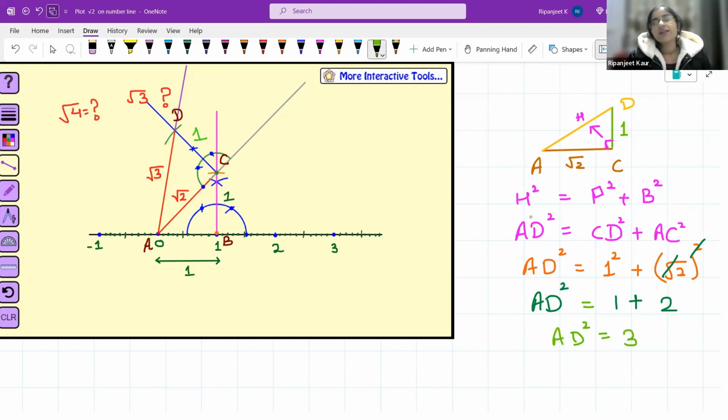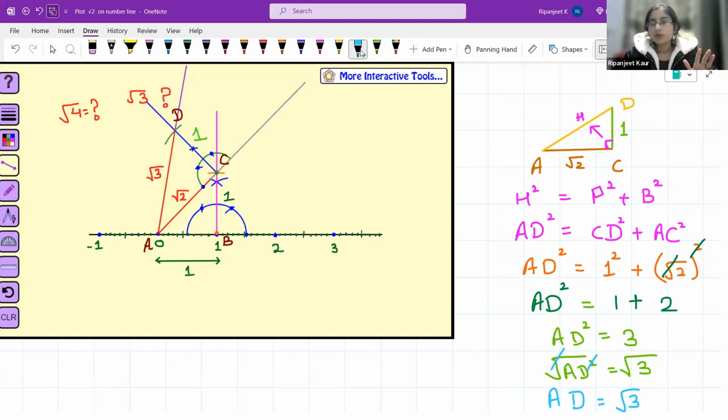Now we again take the square root. AD square's square root equals root 3. So again the square root and square cancel, and we get AD equals root 3. So this is how our construction is true.